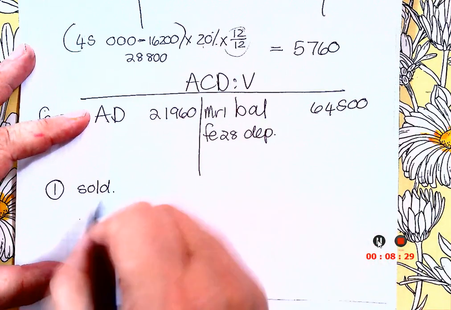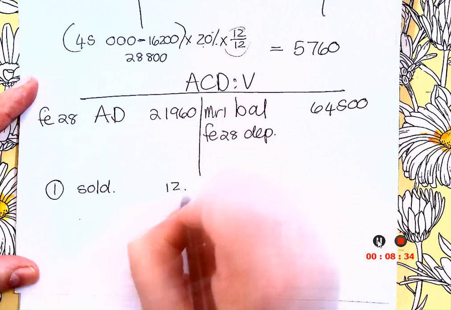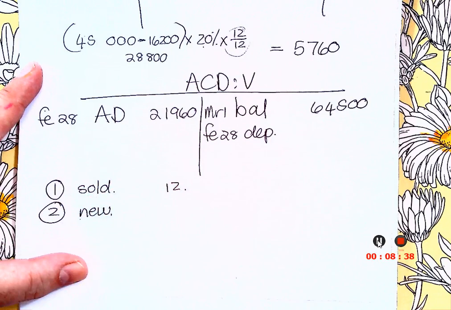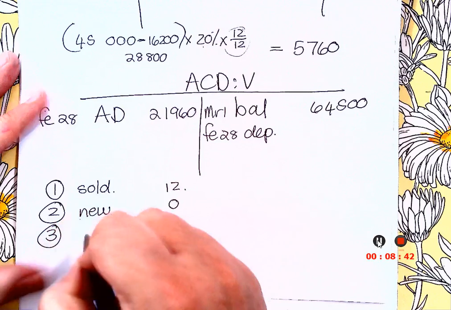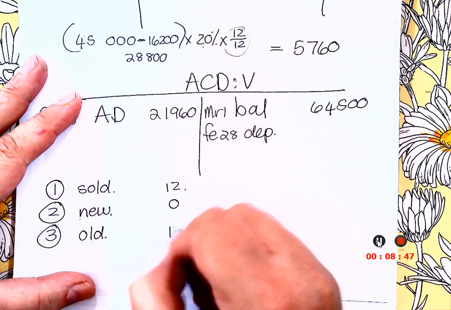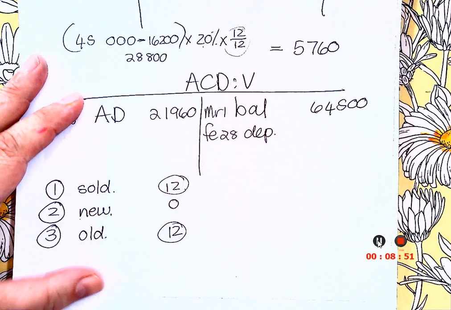We have this one. How many months did I calculate? 12. The vehicle that I bought, the new one, how many months did I have that one? The vehicle that went nowhere, how many months did I have that one? 12. Can you see? The sold and the old, both 12 months.